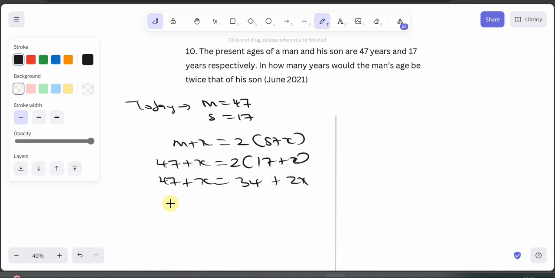So let's take like terms. That will be 47 minus 34 is equal to 2x minus x. 47 minus 34 will give me 13, and 2x minus x will give me x. So therefore, that will be in 13 years. Simple and short. Let's see if our answer is correct.